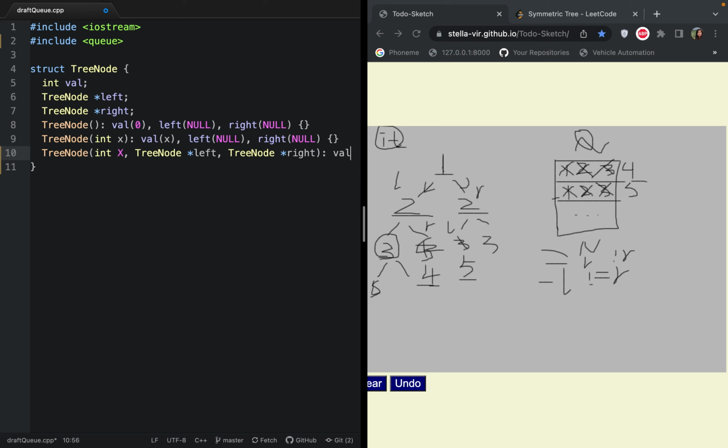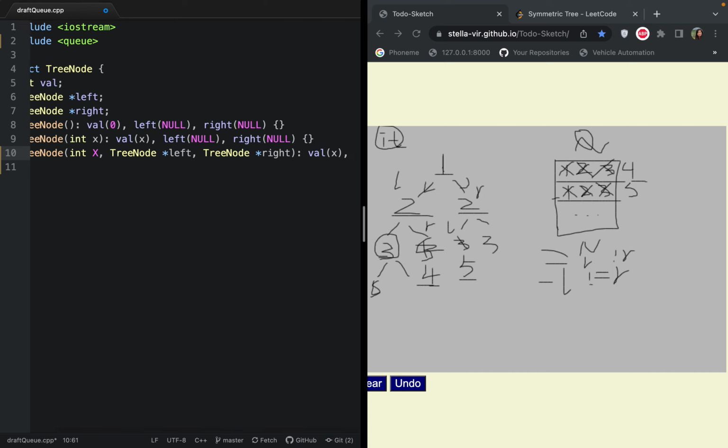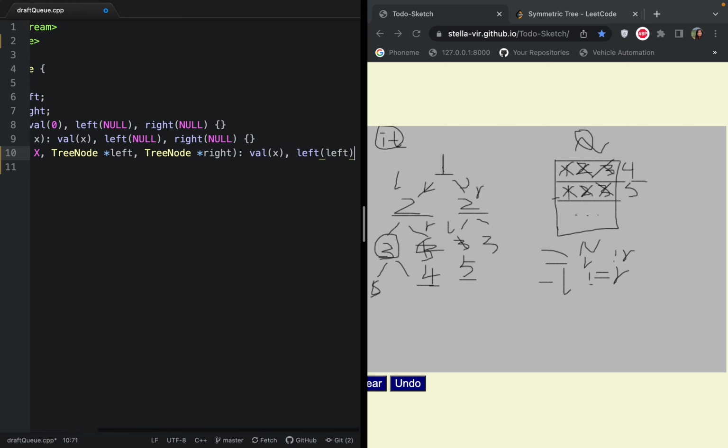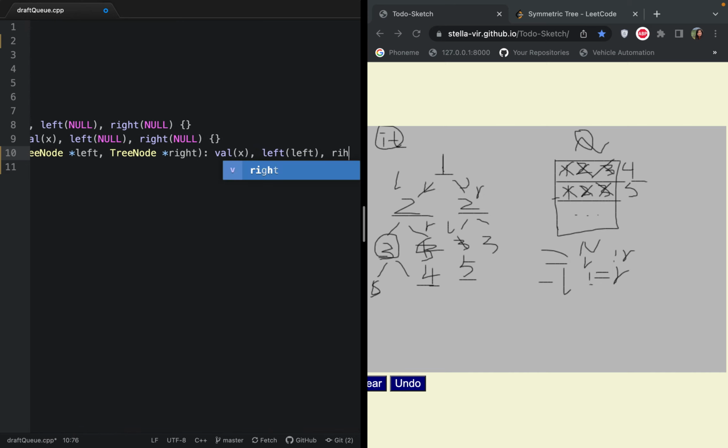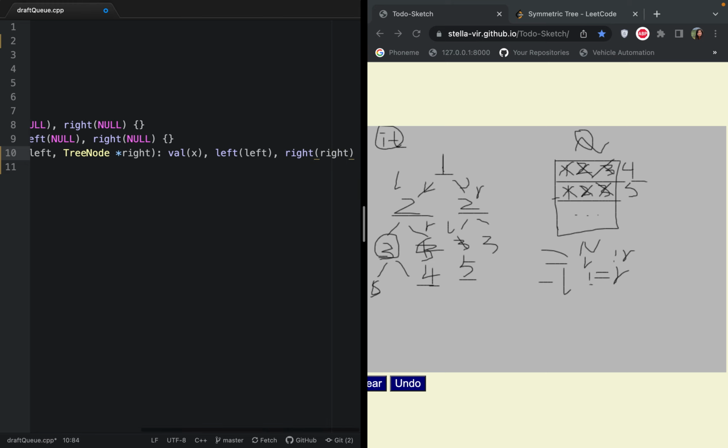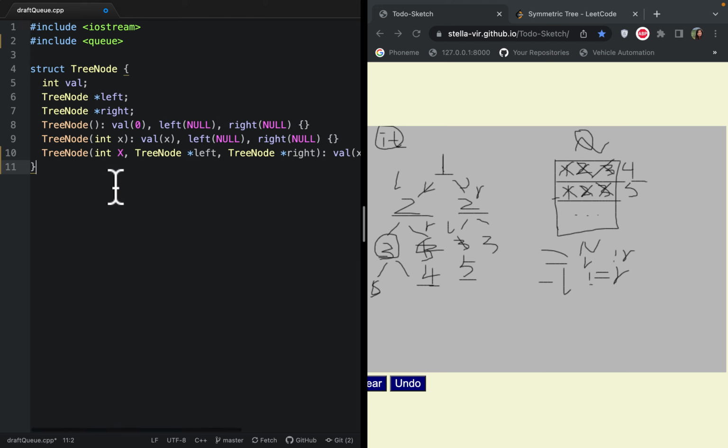In this case, we're going to put x in here, and the left node will be the left, the right to be the right. Yep, I think this is about it. And let's get to the solution class and make it public.